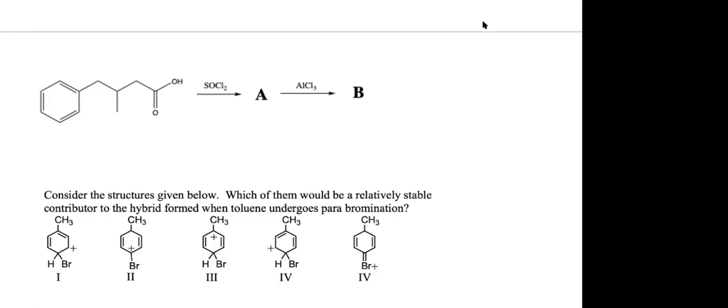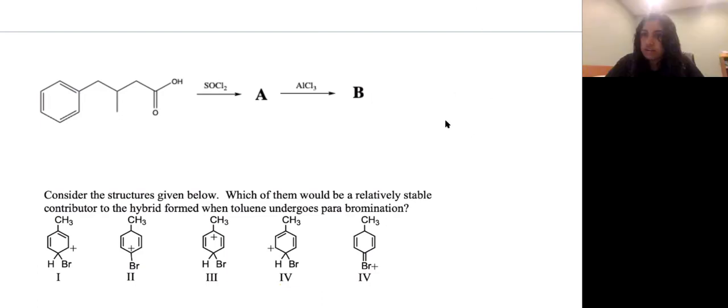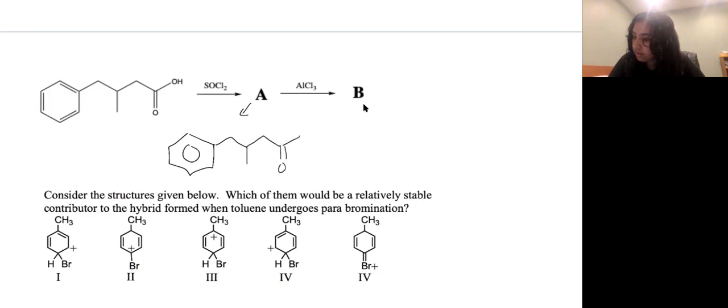A protecting group? Yeah, we just get an acyl halide. That's right. So intermediate A would be this acyl halide.